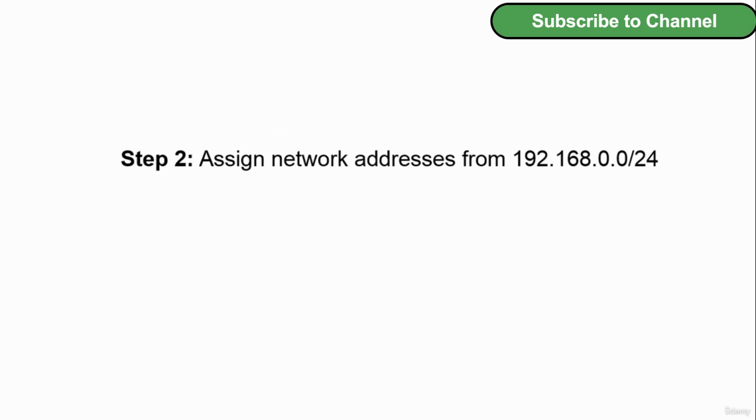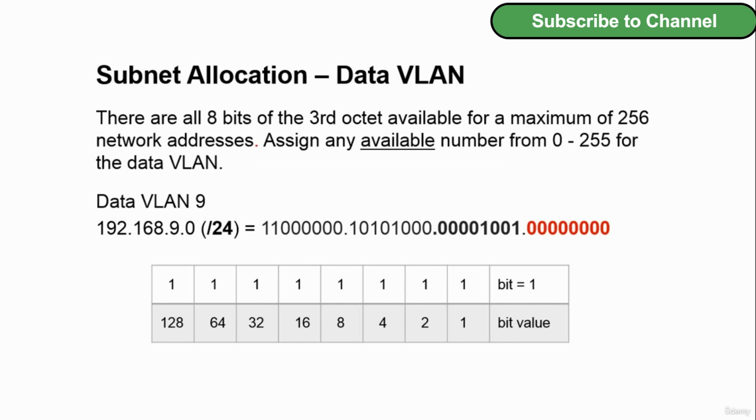So step 2, I'm going to assign network addresses from 192.168.0.0/24. So I'm back to my address here, and now I have to figure out how I'm going to subnet it, what subnet I'm going to use. So for the subnet allocation for the data VLAN, the 8 bits in bold here are actually the subnet number that I have to select.